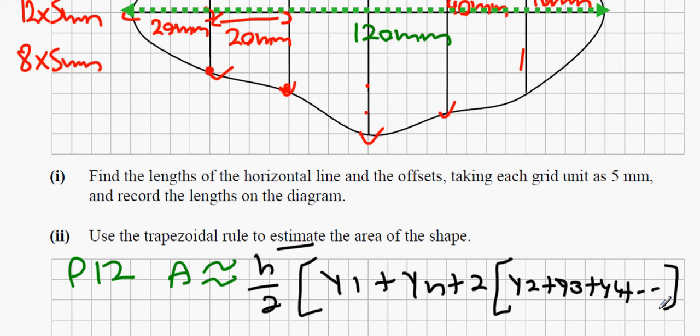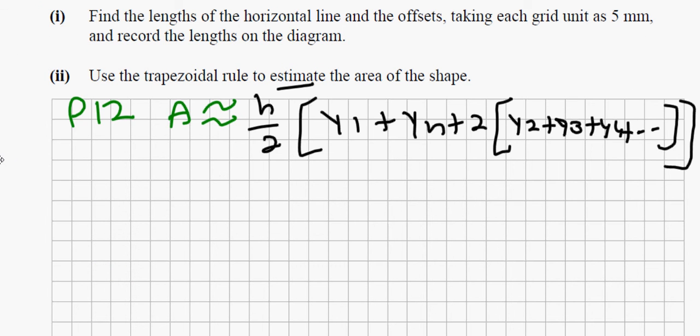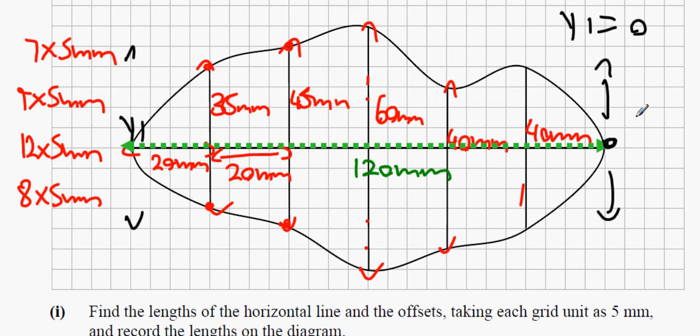Okay, now what that means is basically y1, it'll tell you in the tables, y1 is the first one, the very first length, and we can see that y1 is 0 in this question, and yn is the very last length, and yn is also 0.